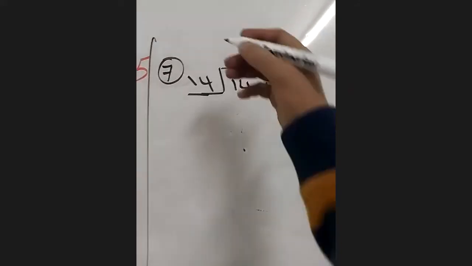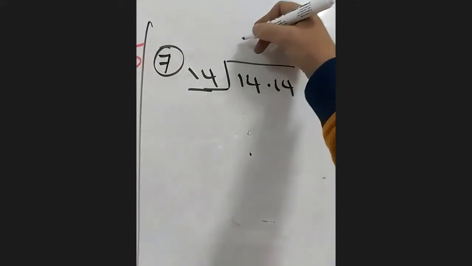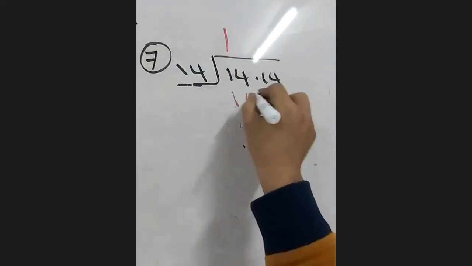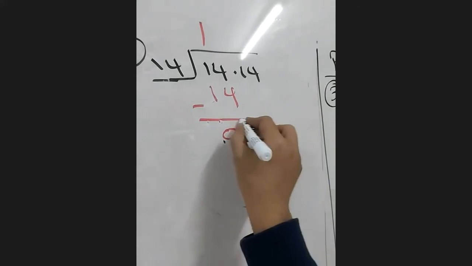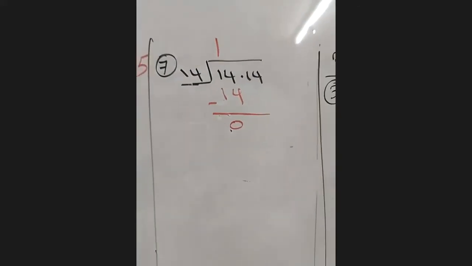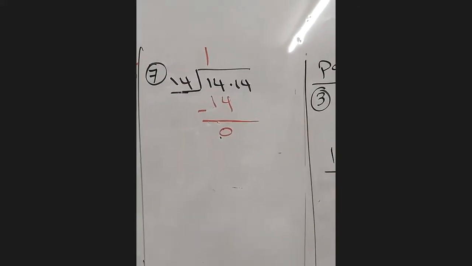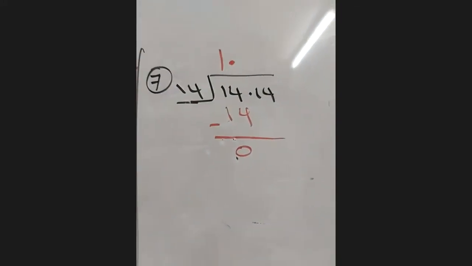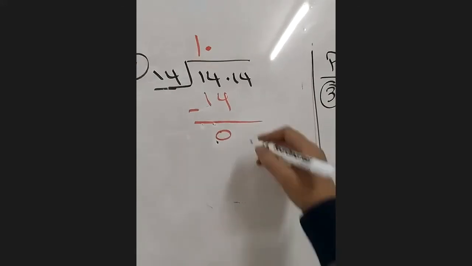When we can, we will take 14. It will be 1. 1 by 14, 14 minus 14 is 0. Then we put the decimal up. Then 1 down.